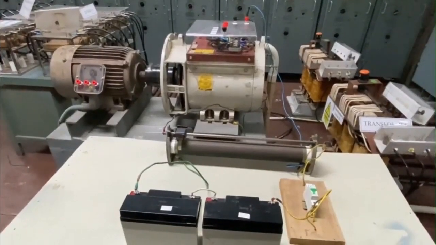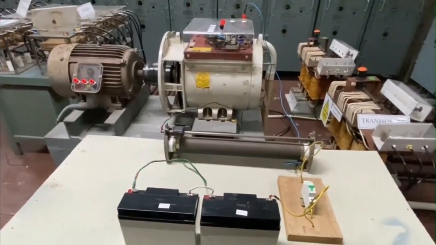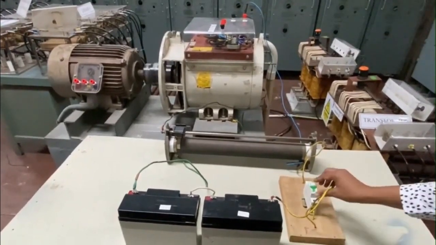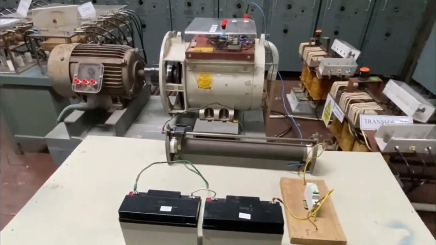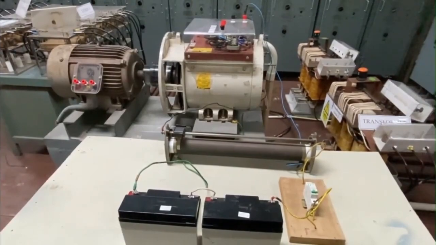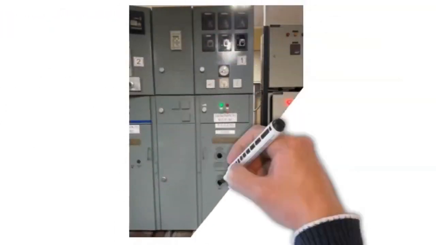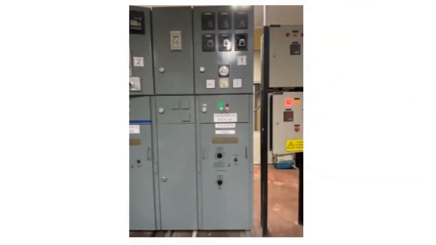Then turn on the breaker of the excitation circuit. Next, we have to turn on circuit breaker number 1 to energize transformer 1.